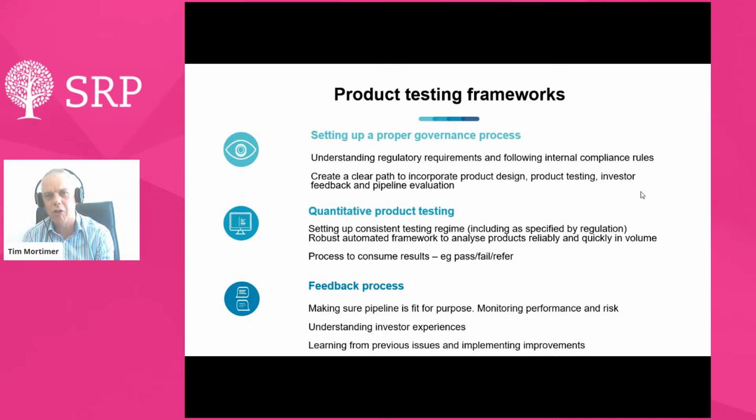So they choose their regime first, how they want to test products, and they generally want to apply the same analysis and the same process for each product they put out, both from one month to the next, and whether something is relatively high risk or lower risk, and even for which investor base it's coming out to. So in general, you need a robust automated framework to make that work.